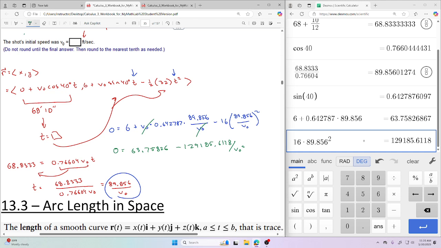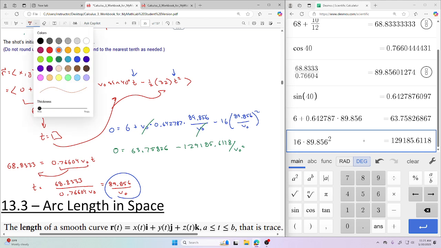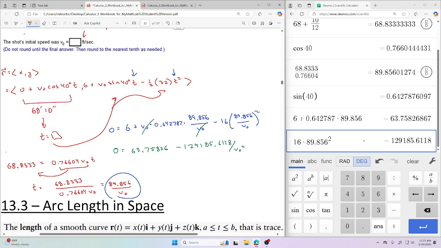What would you do at this point? That's probably better. Yeah, I like that. You're right, that's a better idea. I was thinking the 63, but the negative would be better. So then, you said multiply? Yeah, by the V naught squared and then divided by the 63. Excellent.